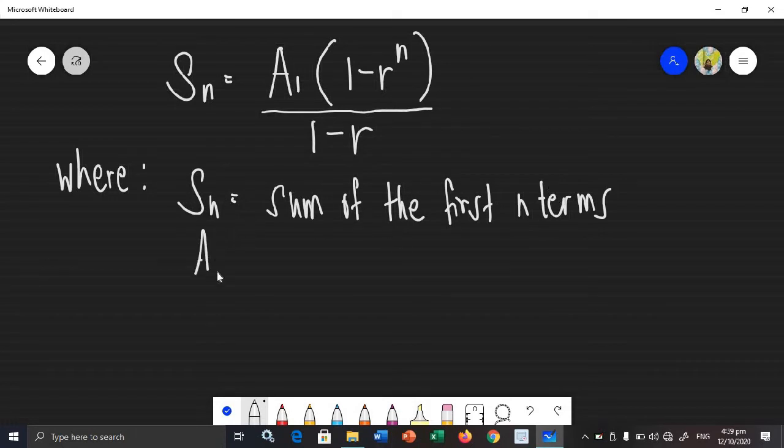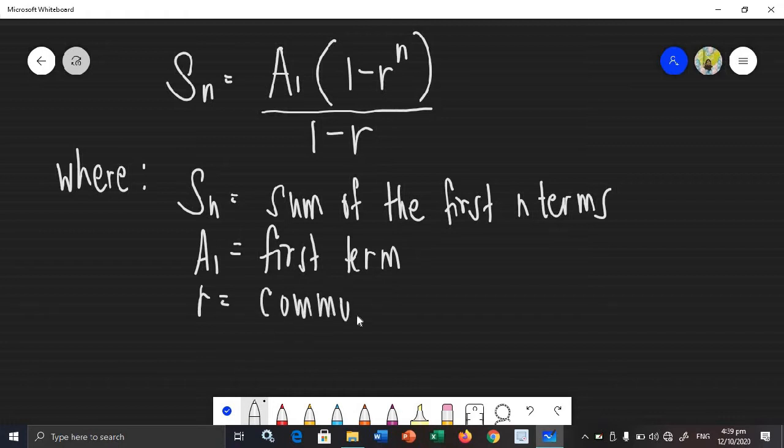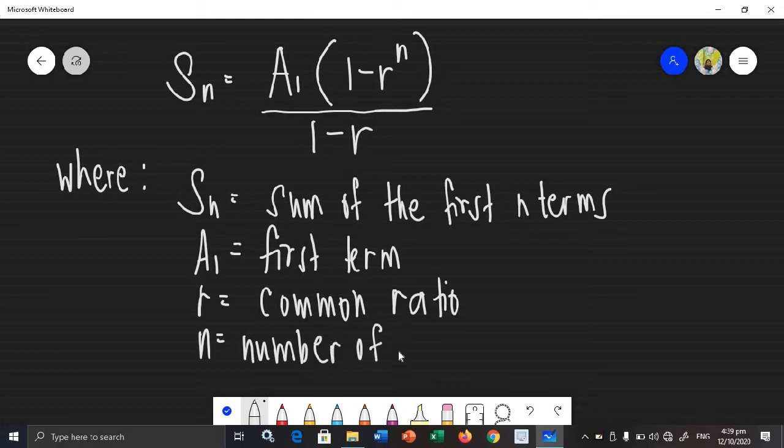A sub 1, of course, is the first term in the sequence. And then r is the common ratio. And then we have n, which is the number of terms that you need to add.